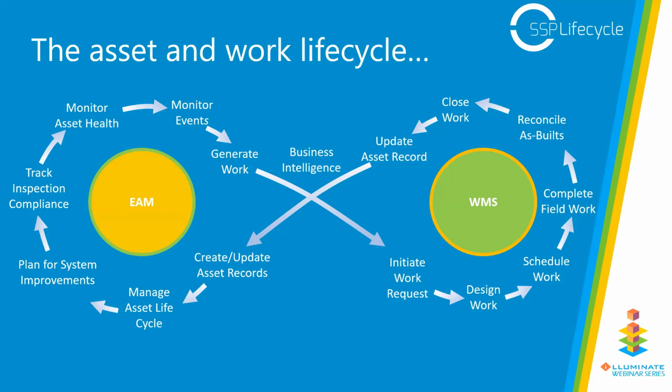So you're going to initiate a work request, you're going to build a construction project, you're going to update your asset records, and then you're going to start going into a maintenance life cycle for that. And along the way, you're going to accumulate information that's going to help you make better decisions and utilize that for business intelligence moving forward.